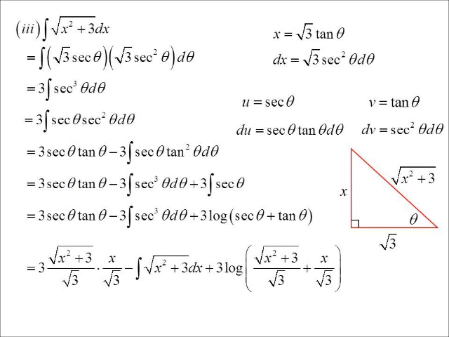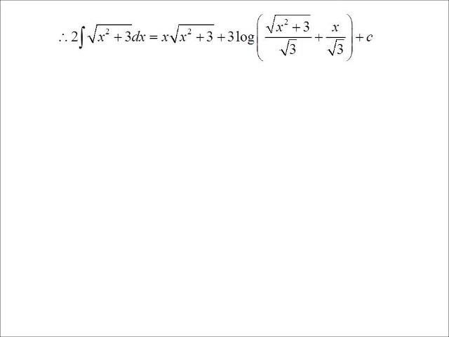Now be careful when you sub back in, because you see my 3 times the integral of sec cubed theta? That is equal to the square root of x squared plus 3. So I've substituted in for 3 integral sec cubed theta, the square root of x squared plus 3. Which means 2 lots of the square root of x squared plus 3 is that wonderful expression there.